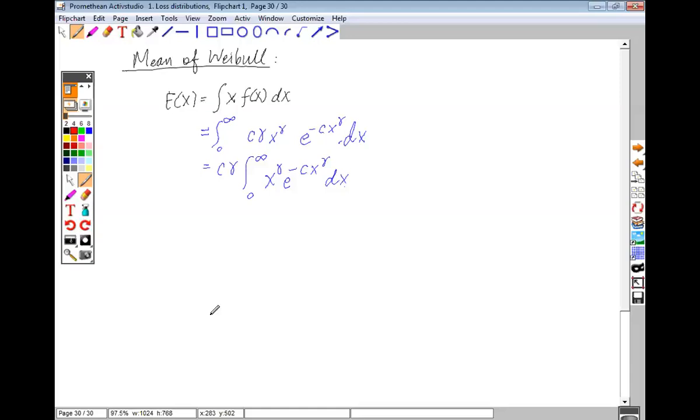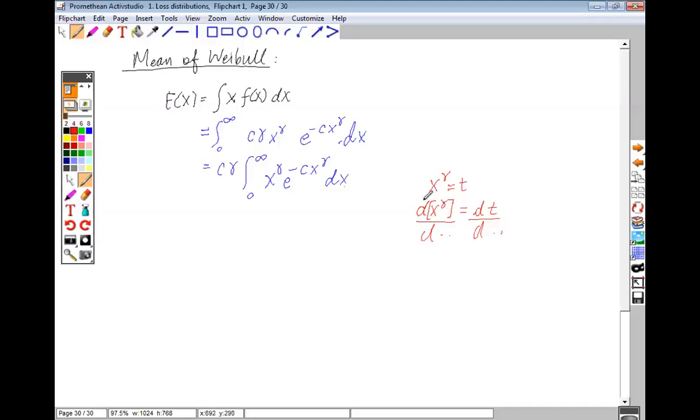We can take x raised to gamma as t. Okay. And what should I do next? Take the derivatives of both these, right? So I'll have d of x raised to gamma and d of t, which will just in a way cancel each other out.